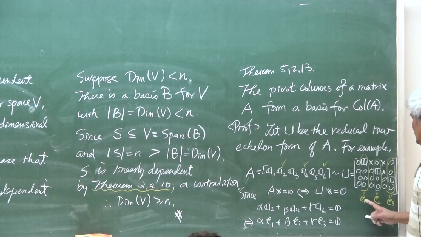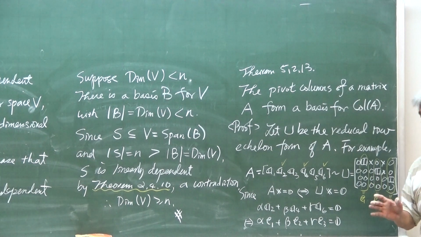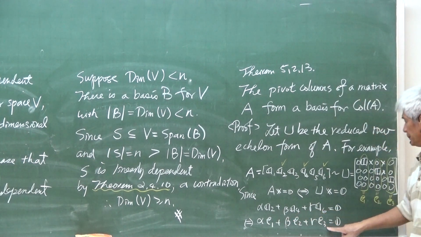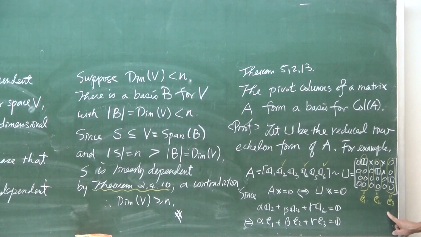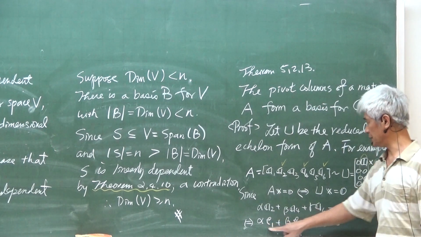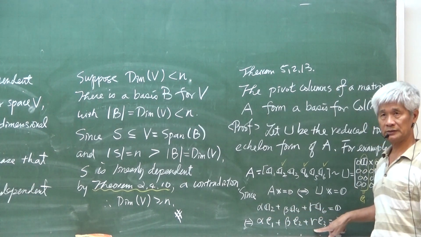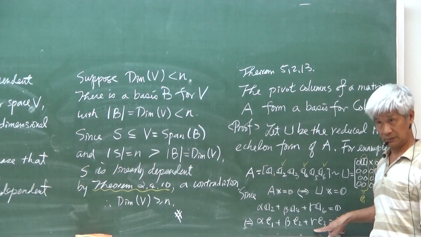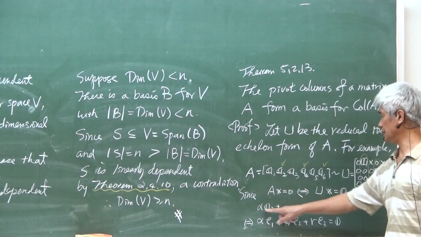Now, because E1, E2, E3 are standard unit vectors, they are linearly independent. So any linear relation should have 0 coefficients. Now, you have a corresponding linear relation here, right?